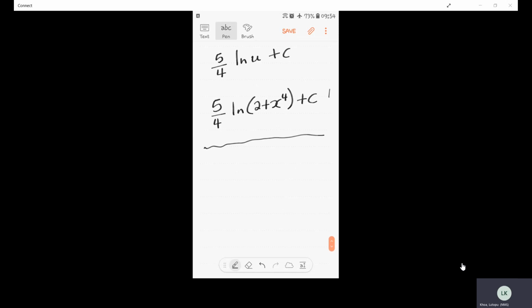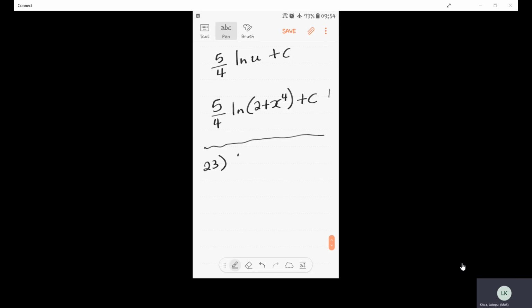Then 23, the integral of 1 plus e to the power of 2x over e to the power of x dx. This is equal to the integral of 1 over e to the power of x dx plus the integral of e to the power of 2x over e to the power of x dx.